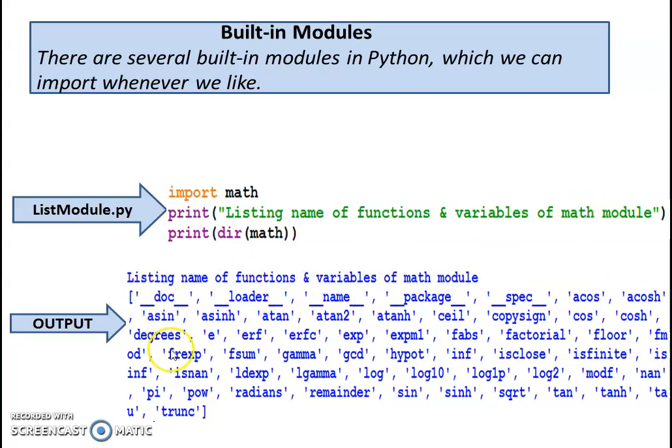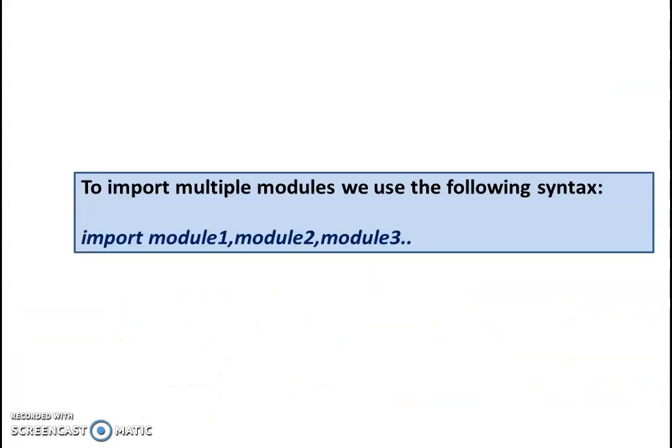So as you can see it is printing all the functions inside this particular math and all the variables inside this particular module. So in this way we can see all the functions name and variables names inside a particular module, right?